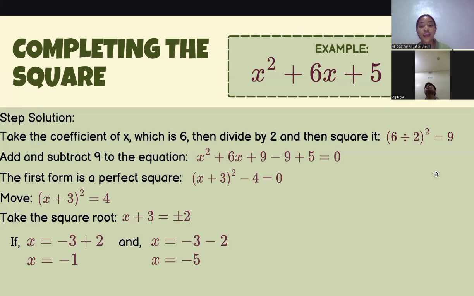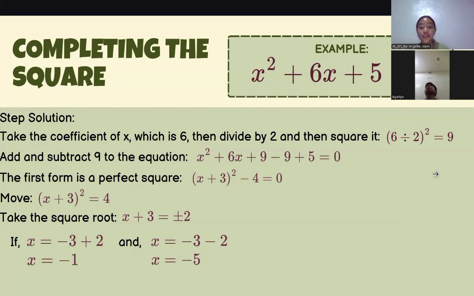The expression x squared plus 6x plus 9 forms a perfect square trinomial, which can be written as (x plus 3) squared. Then we simplify the terms. Negative 9 plus 5 equals negative 4.